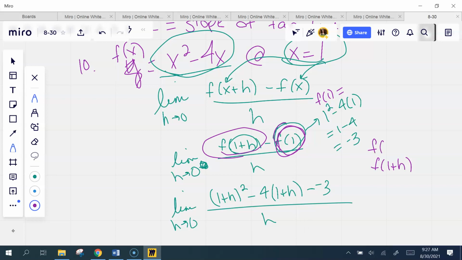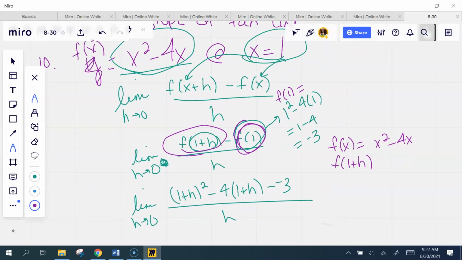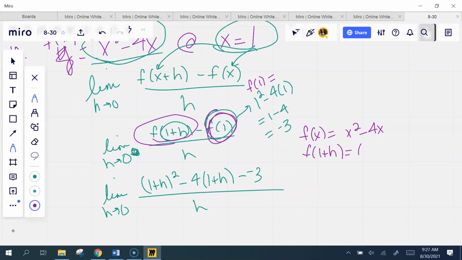So if f of x is x squared minus 4x, then f of 1 plus h is 1 plus h squared minus 4 times 1 plus h. These x's go away and become 1 plus h. Remember, it doesn't matter what's in this parentheses, it replaces the x in the equation. If that was f of van, it would be van squared minus 4 times van. It doesn't matter what it is.